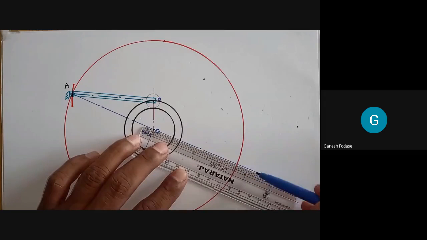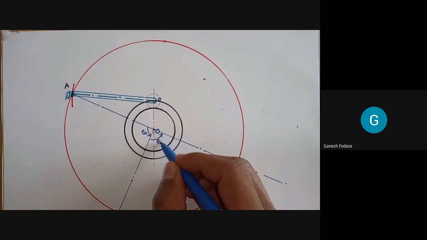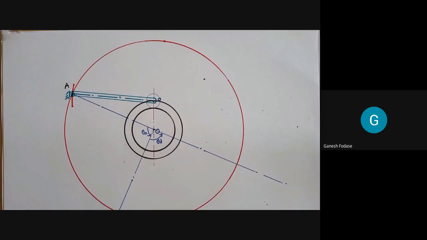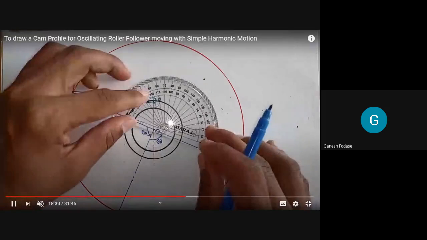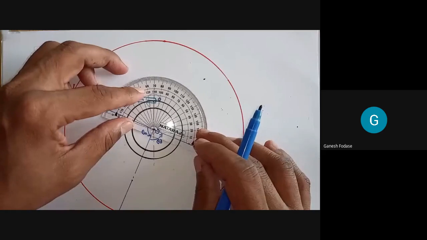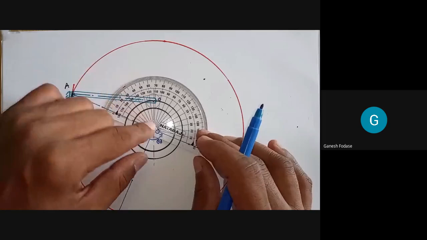Then theta D. So theta O, theta D, 90 degree, 90 degree. And I think you remember, theta R is also 90 degree. So with reference to that, next division from theta D will take the return stroke.